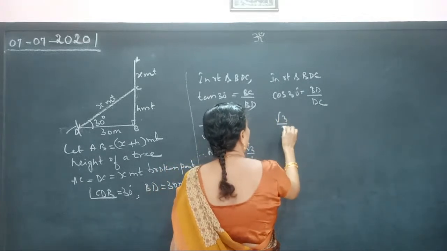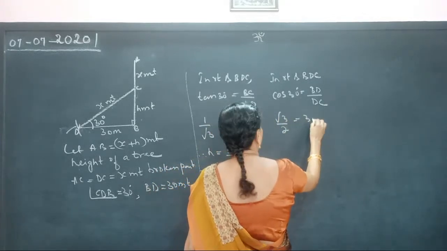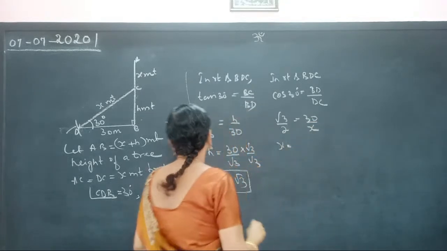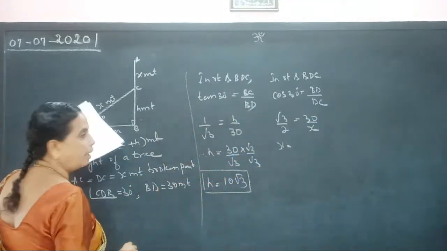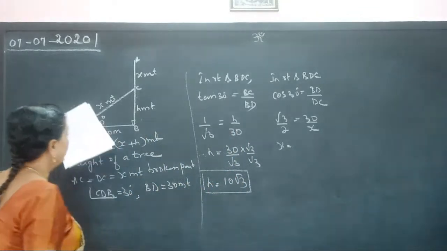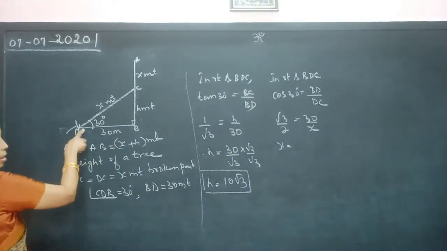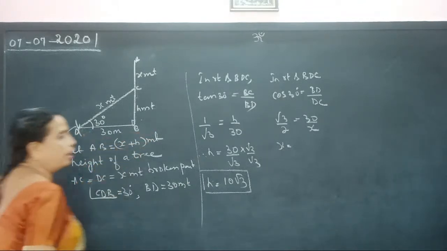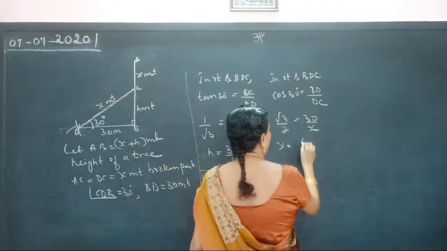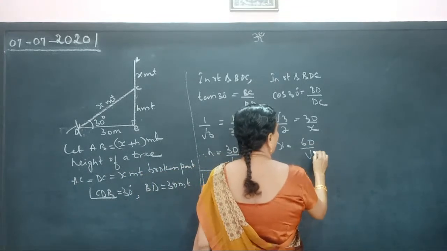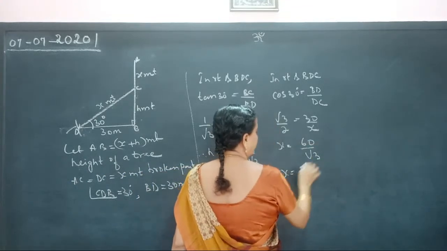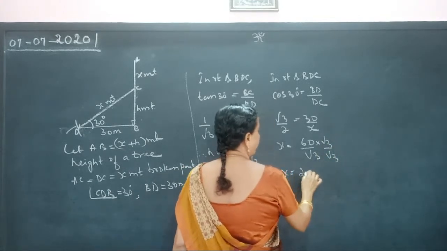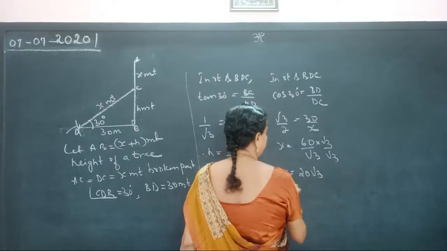Root 3 by 2 equals 30 by x. Cos 60 is 1 by 2, cos 30 is root 3 by 2. Therefore, x equals 60 by root 3, or rationalizing, you will get 20 root 3.